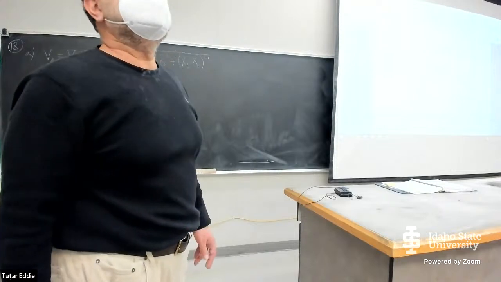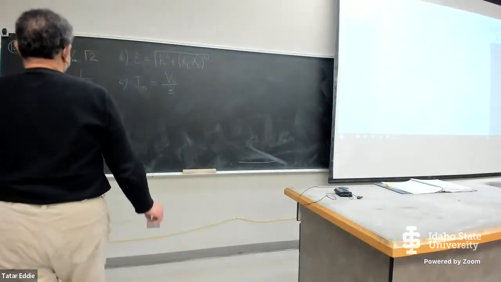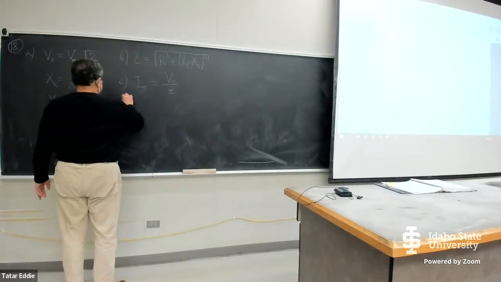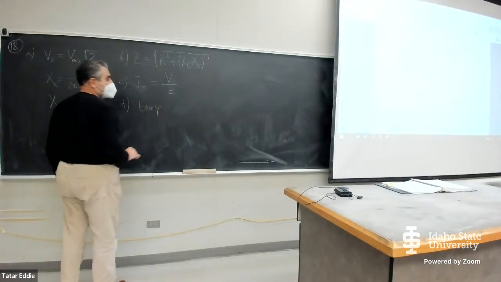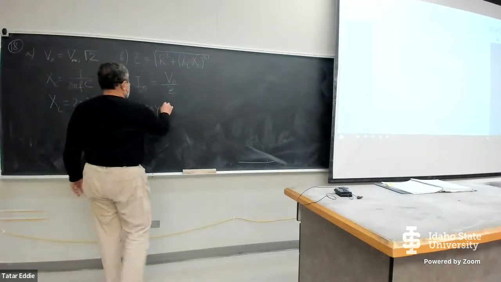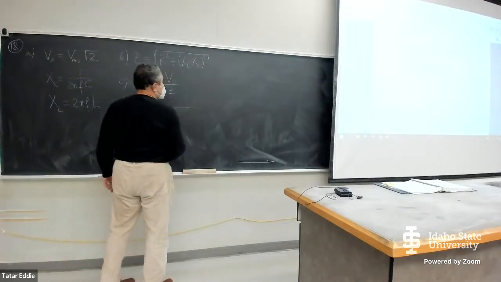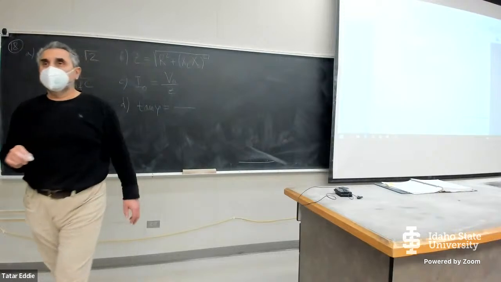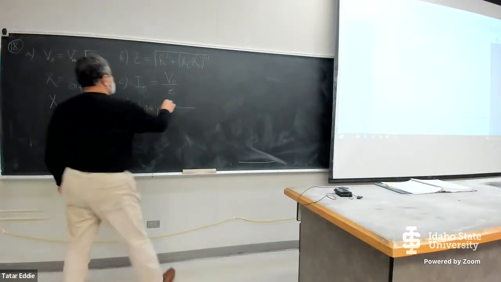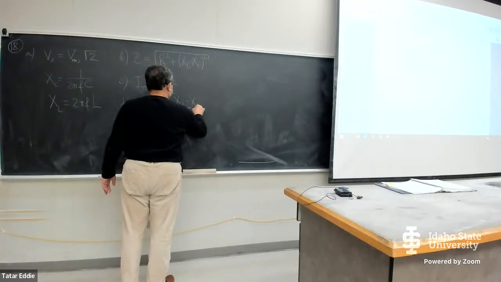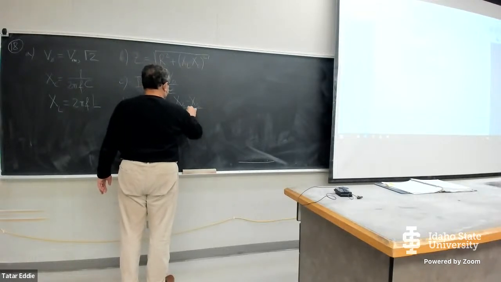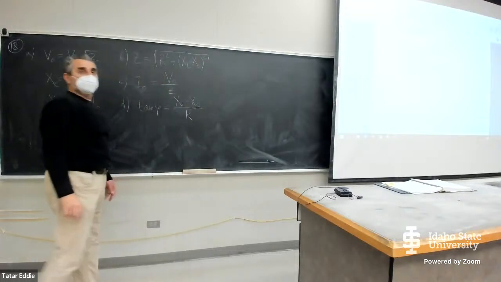D, what is the phase angle? Well, the tangent of the phase angle is equal to XL minus XC divided by the resistance.